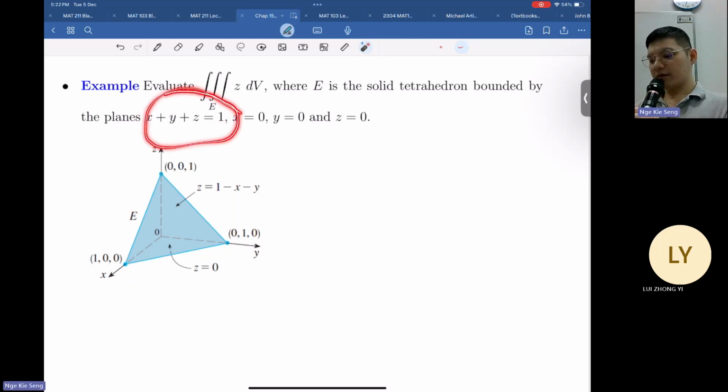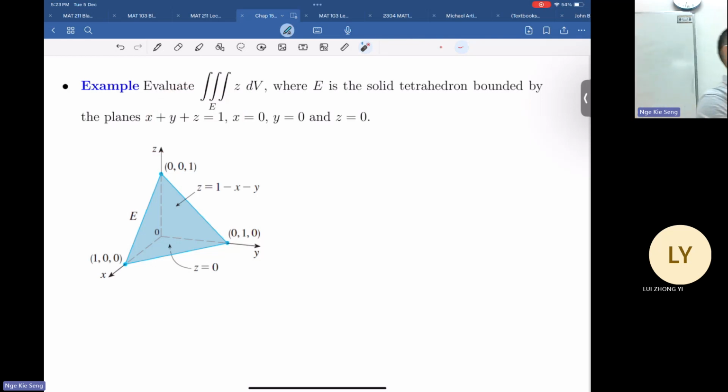How to read the normal of x plus y plus z equals 1? 1, 1, 1. How to read the normal of a plane?